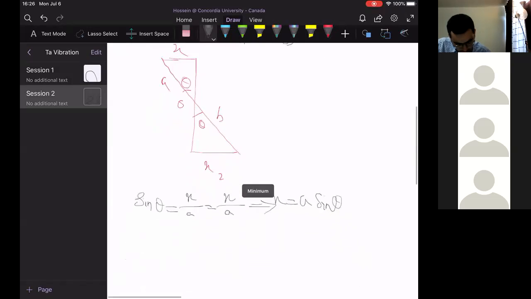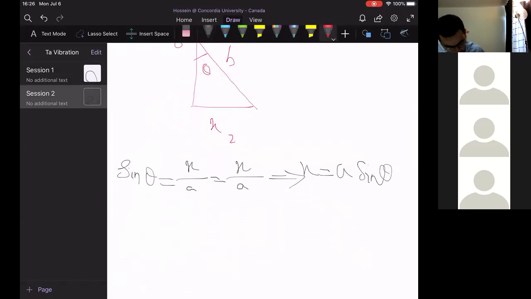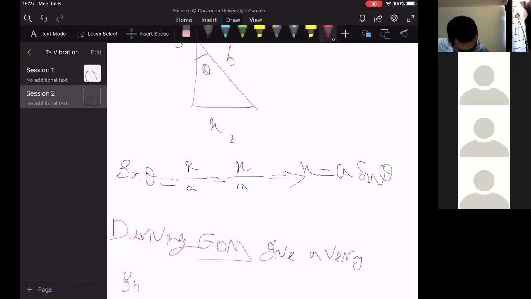For deriving the equation of motion, always keep in mind, our focus is that we apply a very small movement, okay? So for deriving the equation of motion, we try to give a very small movement, right?